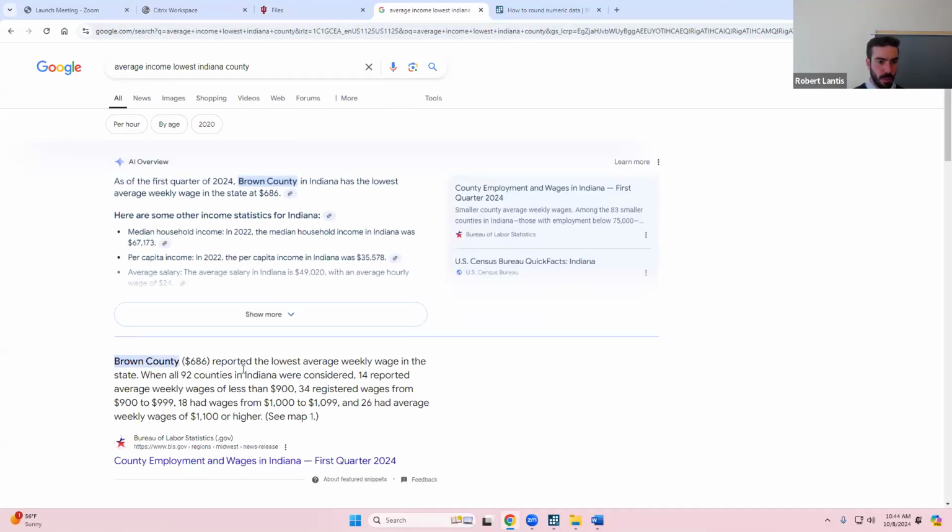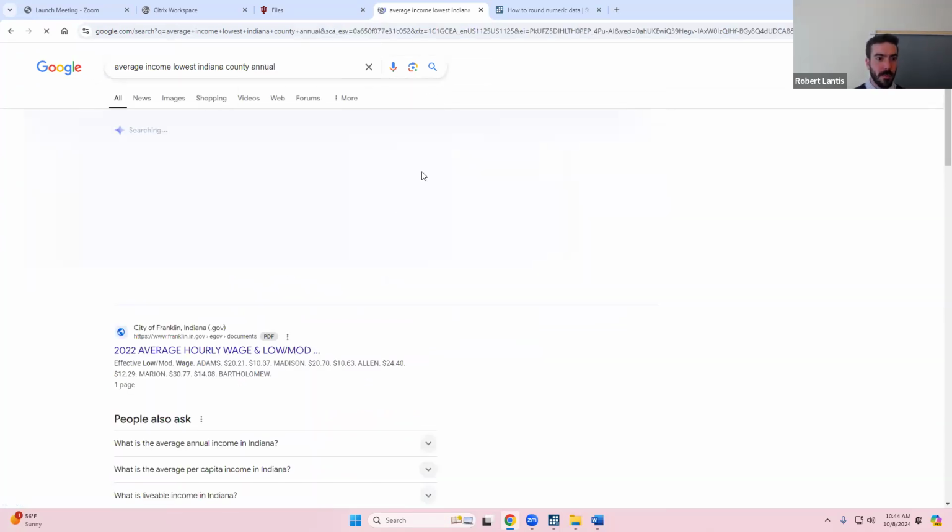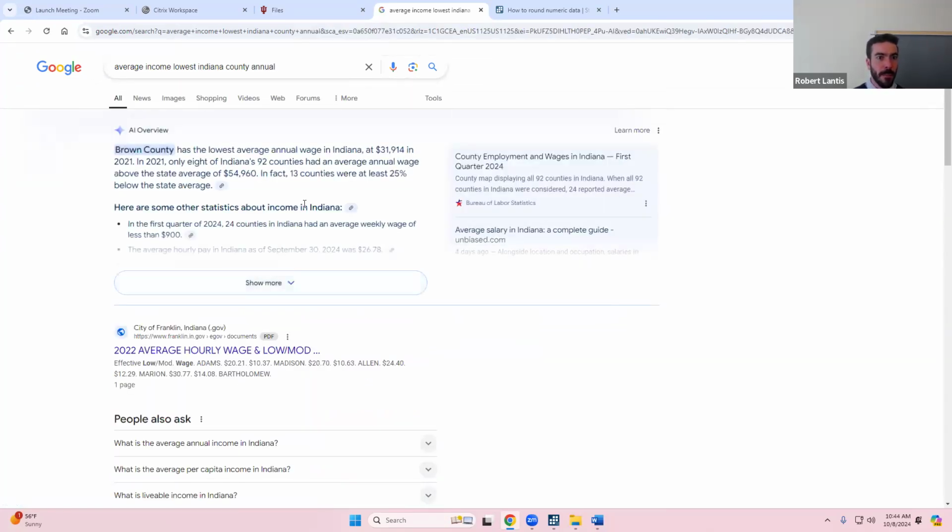So annual. So it looks like Brown County has the lowest, average of $31,000, right? I think that's because there's hardly anyone that lives there. It's like out in the middle of nowhere, but we don't ever see an income less than 31,000.